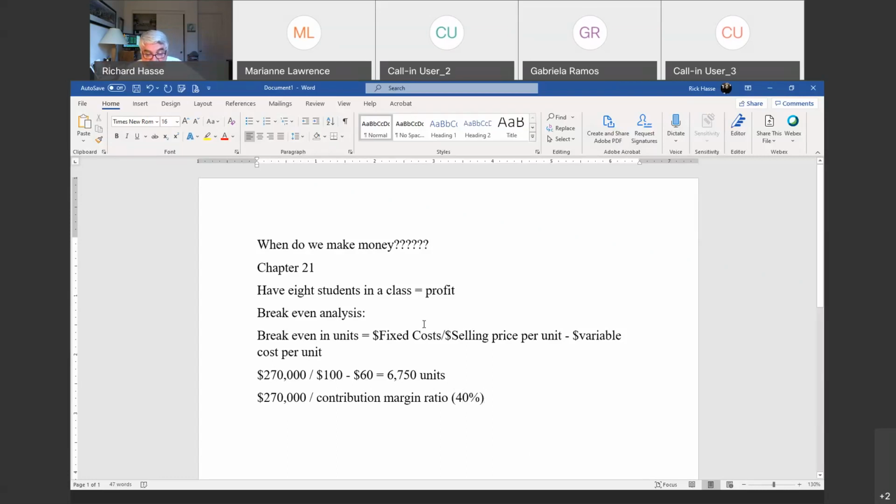That's the contribution margin ratio. So if I take $270,000 fixed cost and divide it by 40%, let's get out the calculator, $270,000 divided by 0.4, I get $675,000.